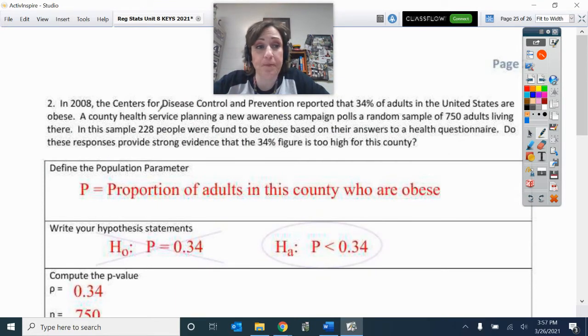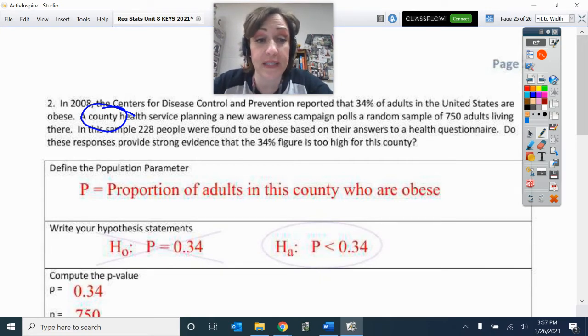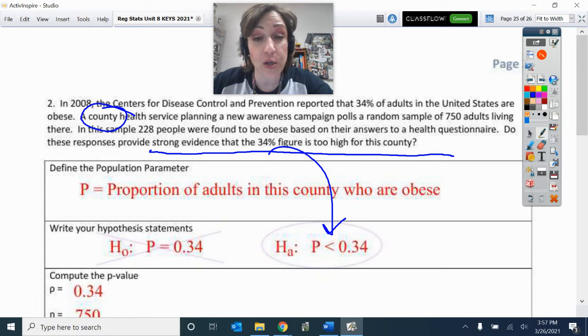So this is saying that the proportion of the nation that is obese is 34%. And we are wondering if this particular county is better, is less than, because we are wondering if this sample gives us evidence that the 34% figure is too high, meaning they're hoping that the proportion in their county who are obese is less than that national percentage of 0.34.